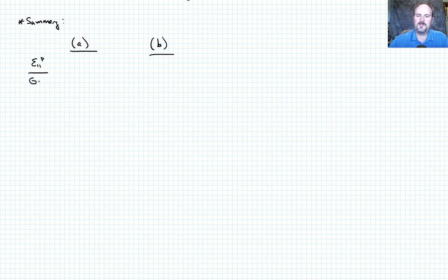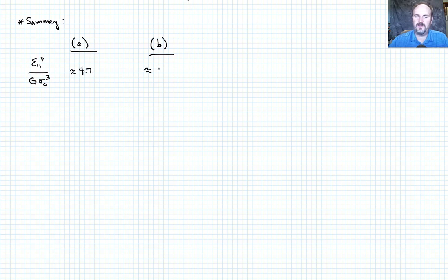So let me just summarize here. Here's a summary of what we just computed. We said that for path A and then path B, we were interested in epsilon 1,1 plastic divided by this constant g sigma naught cubed. For path A, we ended up with something that was approximately 4.7.